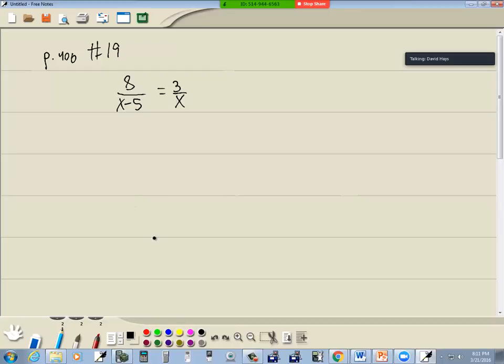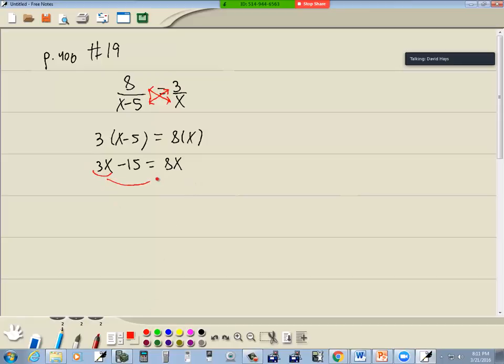Okay. Now since I got a single fraction equal to single fraction, this is where you can cross multiply. So we can take 3 times x minus 5, and we can take 8 times x. And then 3 times x is 3x, 3 times negative 5 is negative 15, 8 times x is 8x.